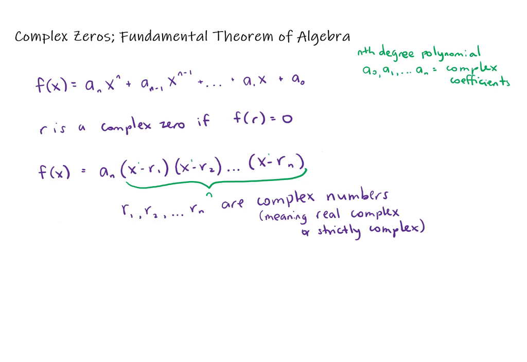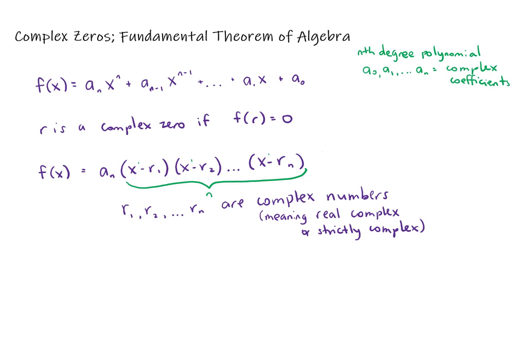Now this wasn't necessarily true when we were looking at real zeros. Even as we saw in the previous example, f of x was a degree 2 polynomial and it had 2 real roots. g of x was a degree 2 polynomial and had 2 real roots. But h of x was a degree 2 polynomial, but it had no real roots.